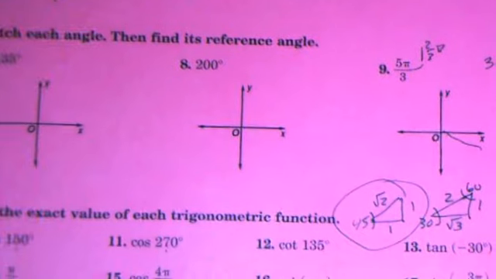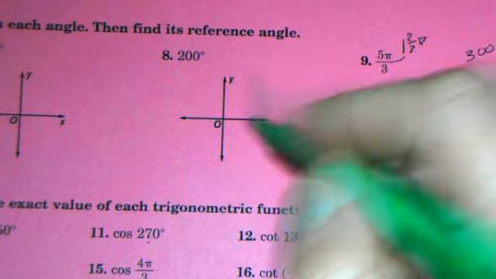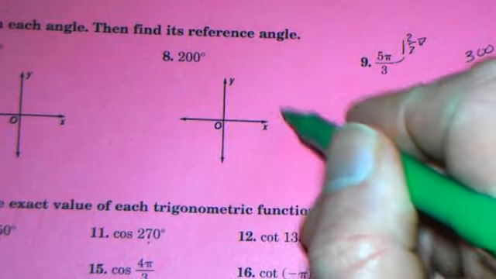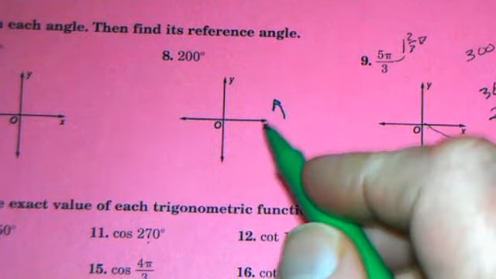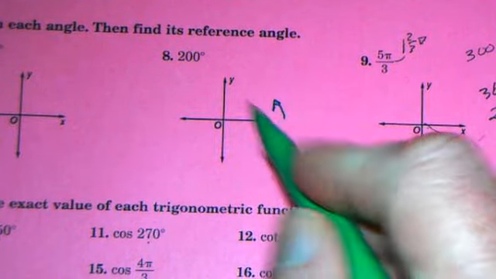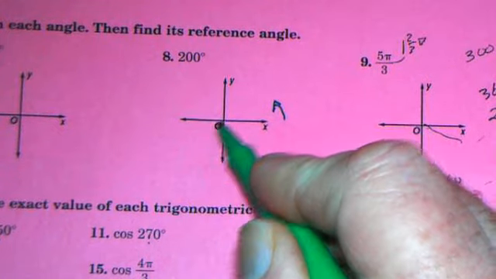The next section wants us to find a reference angle. It says sketch each angle, then find its reference angle. So let's look at number 8. This is a positive angle, so we're going around in a counterclockwise direction. And I like to count by 90s. So I've got 90, 180, and 200 is 20 more degrees.